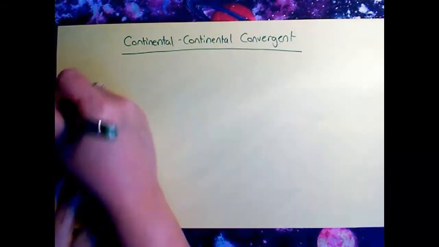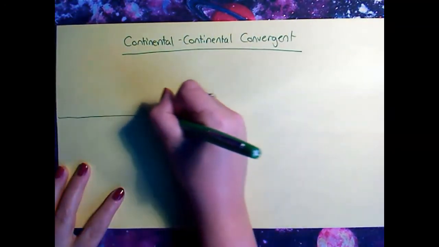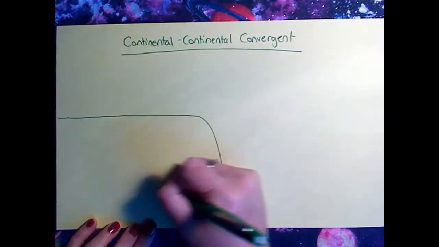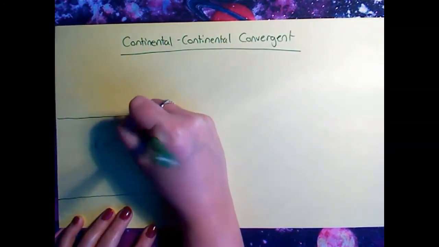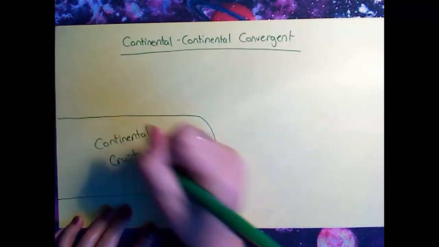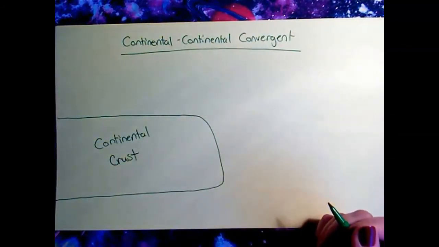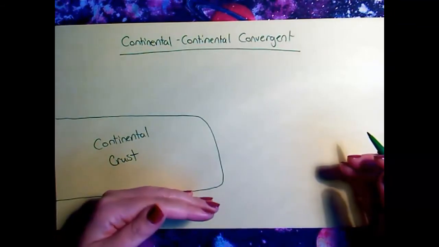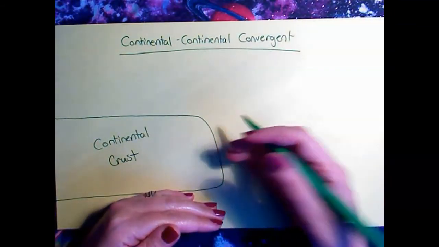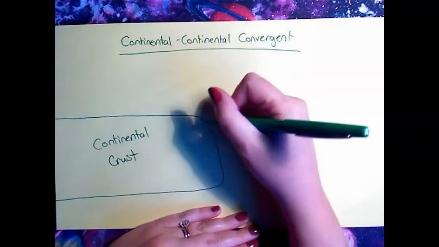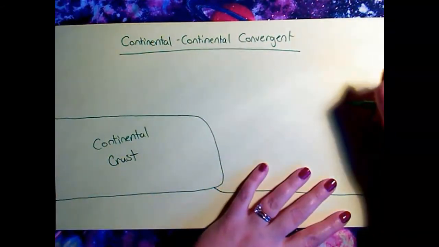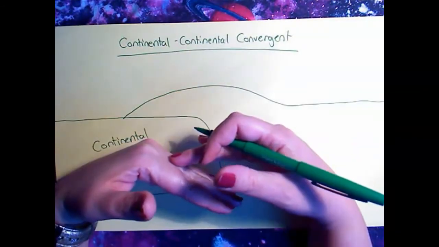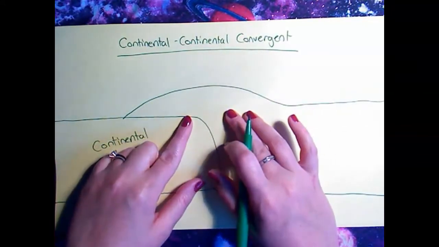And so what you have here is a piece of continental crust, and you're going to have another piece of continental crust, and as they come together, they're going to bump into each other, and you have some overcrowding that's going to happen.